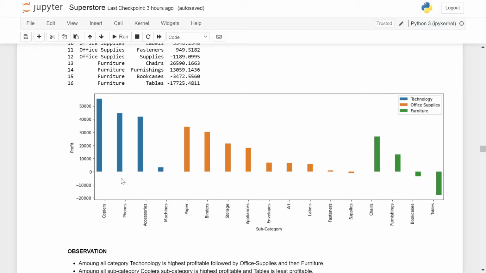In technology, we can see copiers have the highest profit, followed by phones, accessories, then machines. In office supplies, the subcategory papers has the highest profit. And in furniture, tables and bookcases are in loss, but chairs and furnishings are in profit.